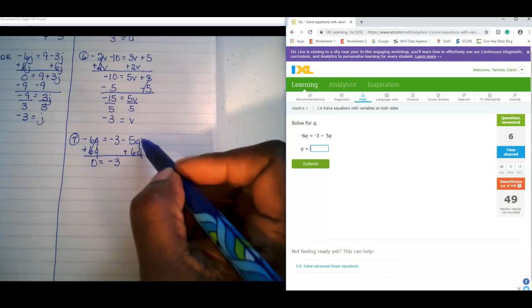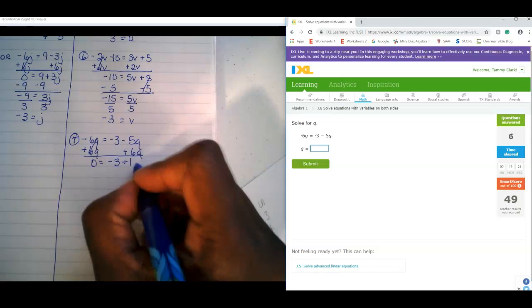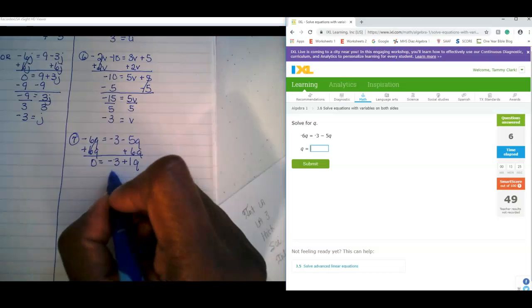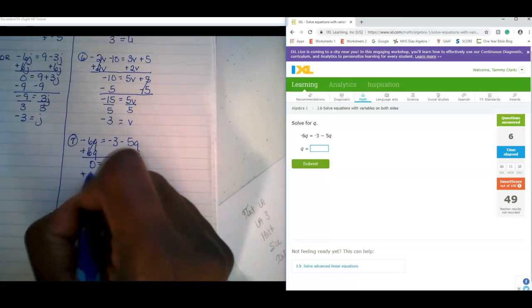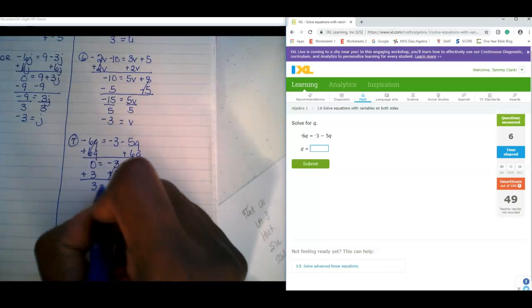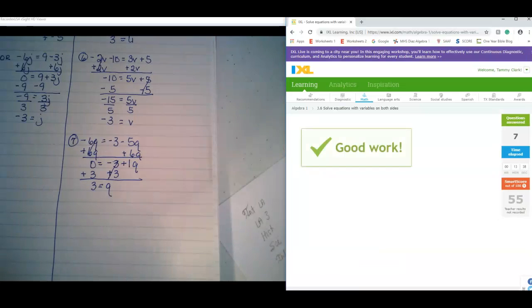And we're looking at who has the advantage. 6 has the advantage by 1, and it's positive, so this is going to be 1q, or just q. And we need to move the 3 to the other side, so we're going to add 3 to both sides of the equation. And that leaves us with 3 is equal to 1q, or 3 is equal to q.